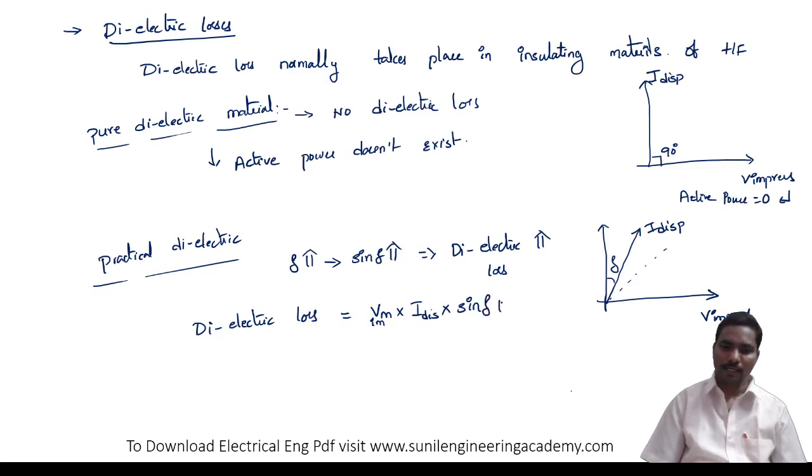As sine delta is more, dielectric loss will be more. So finally, the dielectric loss is proportional to sine delta, and sine delta is generally proportional to delta.